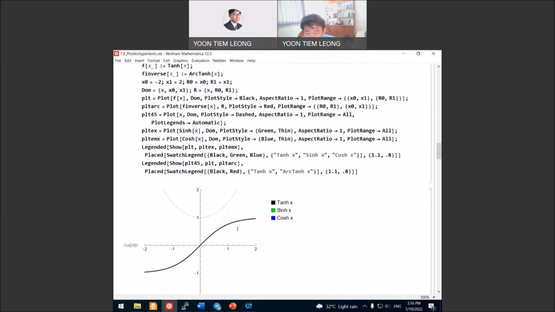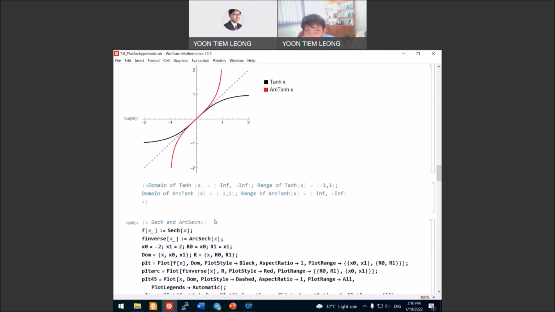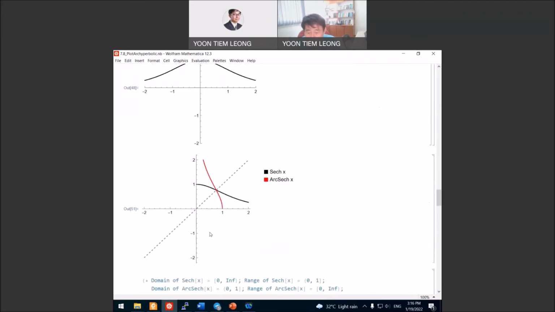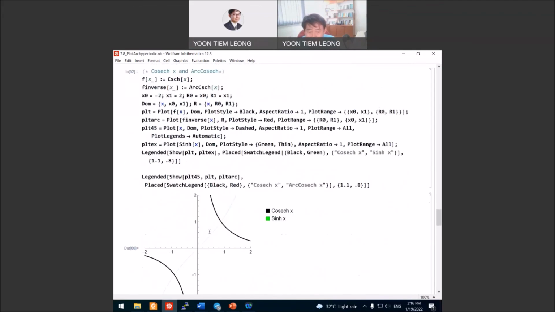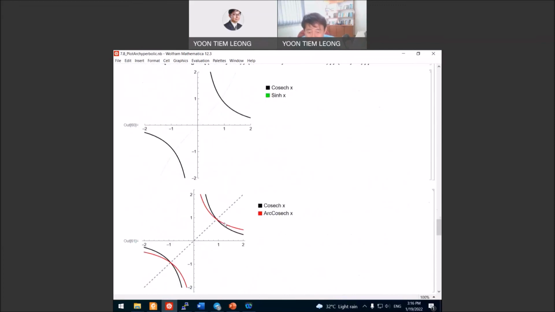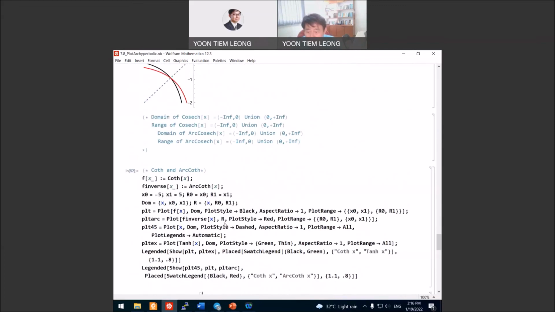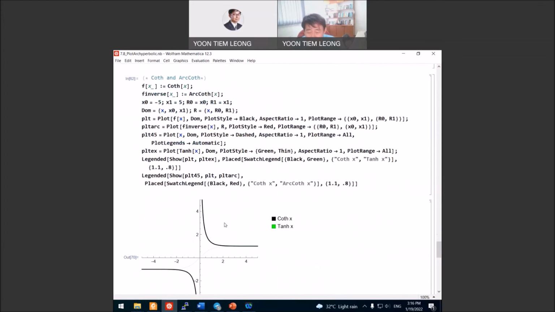Whereas for the other hyperbolic functions, such as hyperbolic tangent, hyperbolic sine, hyperbolic cosecant, and hyperbolic cotangent, out of 6 functions, 4 do not need a restricted domain.